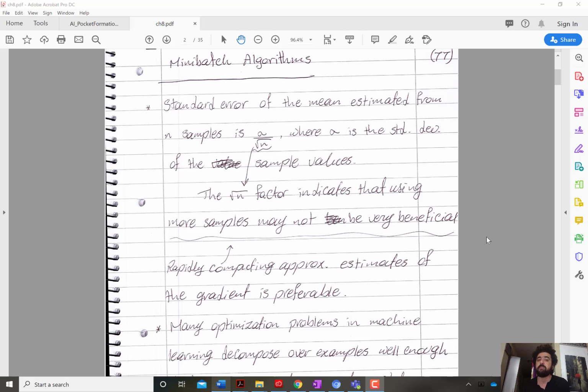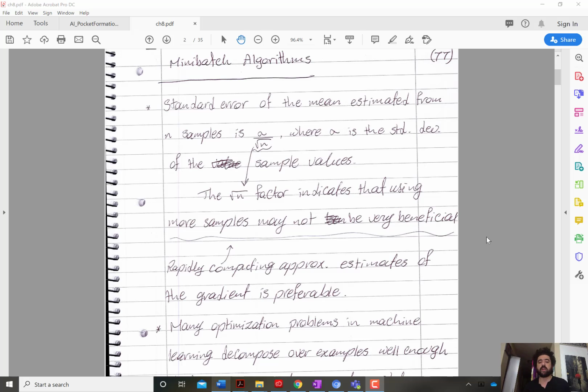If I want to estimate the mean of the true data generating process by averaging over a set of n examples, then the standard error equals sigma over square root n, where sigma is the standard deviation of the true data generating process, which we don't know, and square root n is the square root of the number of examples. So the error shrinks proportional to the square root of the number of examples, which means that the gain I get from increasing n diminishes.